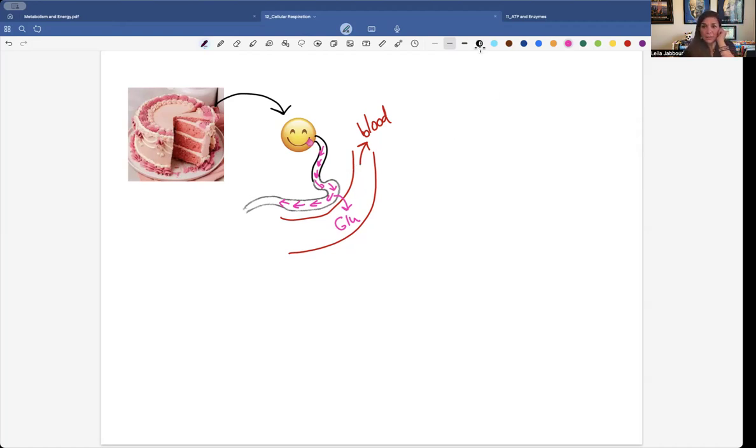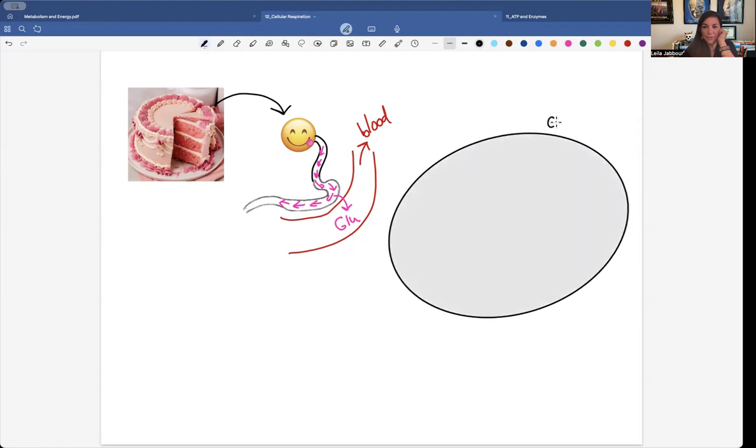Now, in a cell, so this is a cell right here. This is one of the cells that's going to receive the glucose. It receives the glucose by way of transporters, because the glucose doesn't enter the cell just like that.